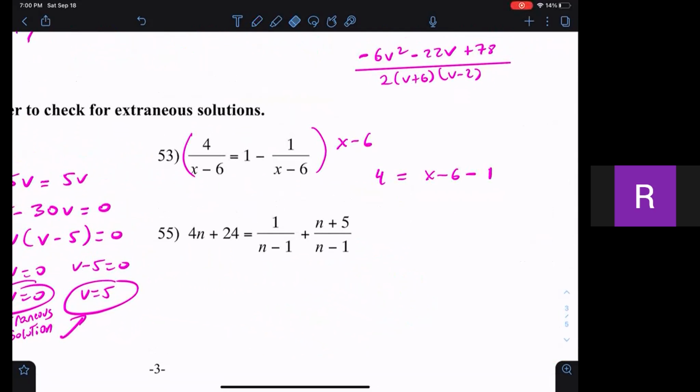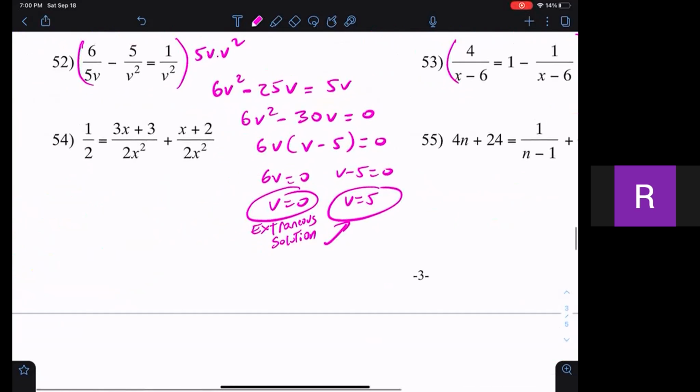Let me double check. 4 equals x minus 6 minus 1. Yeah. So this is going to be 5. X minus 6, 11. Let me double check that one. That's right. Next, 54.